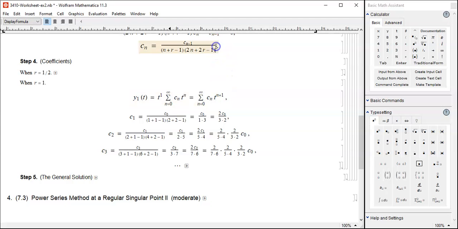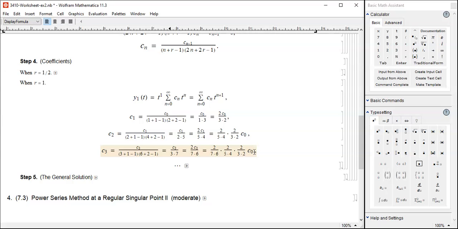Plug in n equals 1 to this, and this time r is equal to 1, so this is n plus 1 minus 1, not 1/2 anymore. So 2 times 1, 2 times 1 minus 1, so we end up with this. And then plug in n equals 2 and do some simplification. n equals 3 and do some simplification. I hope you can find some pattern.